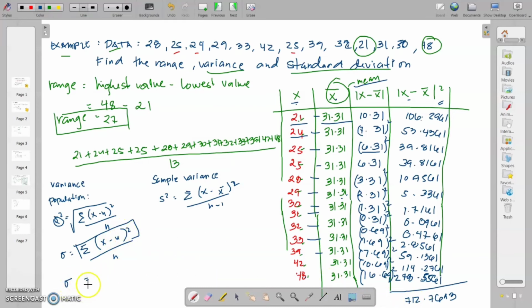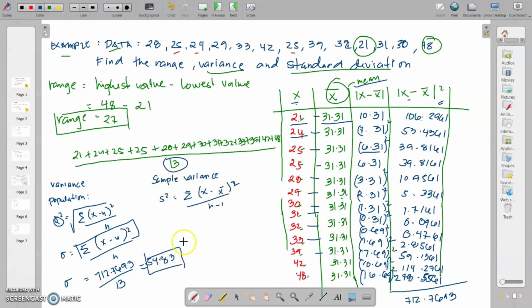The population or sigma squared is 712.7693 over the n na 13. So 13 is equal to 54.83. So that is the population variance.